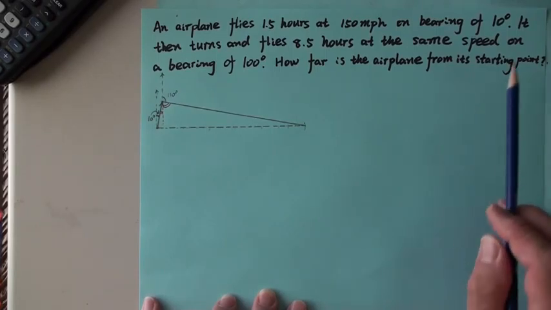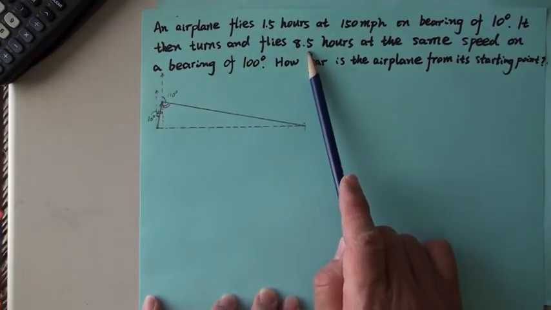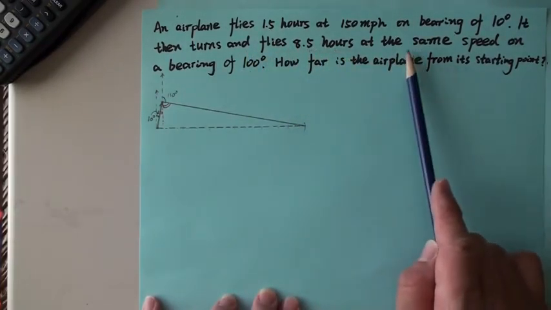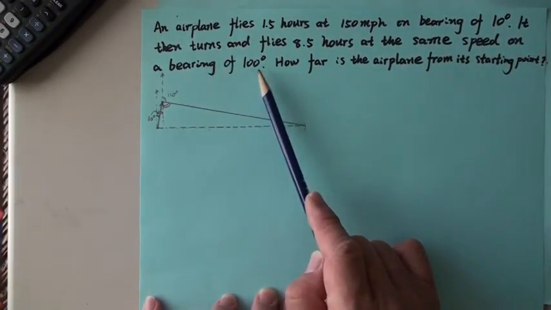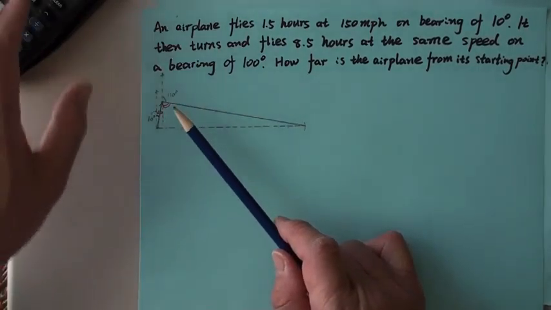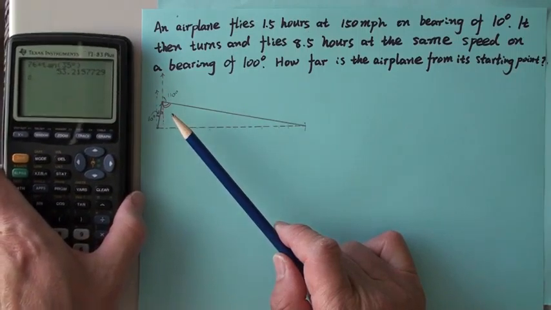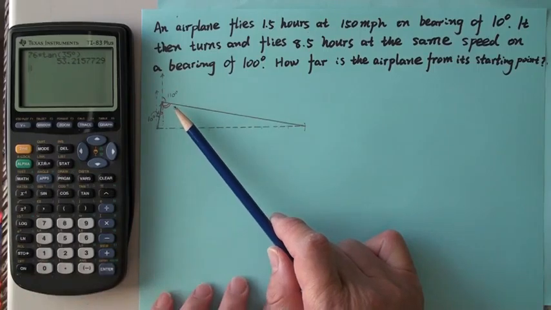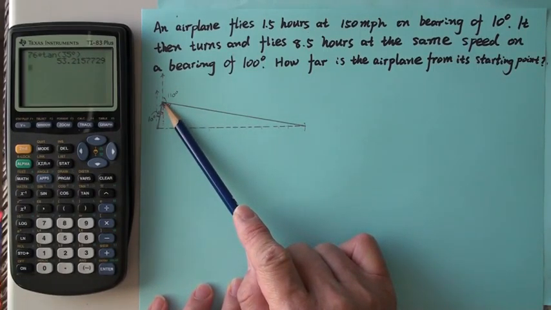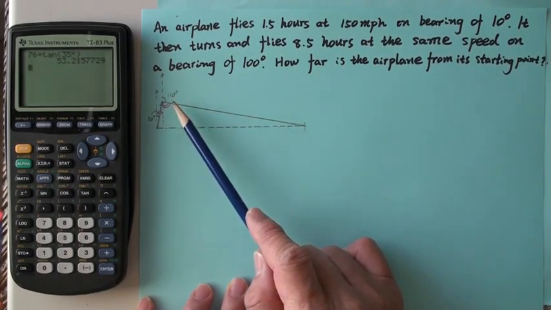Then it turns and flies 8.5 hours at the same speed on a bearing of 100 degrees. After the airplane reaches this point, it makes a turn. It makes a turn on a bearing of what?